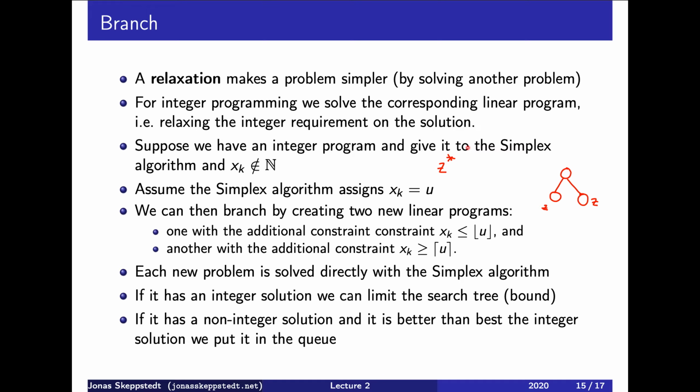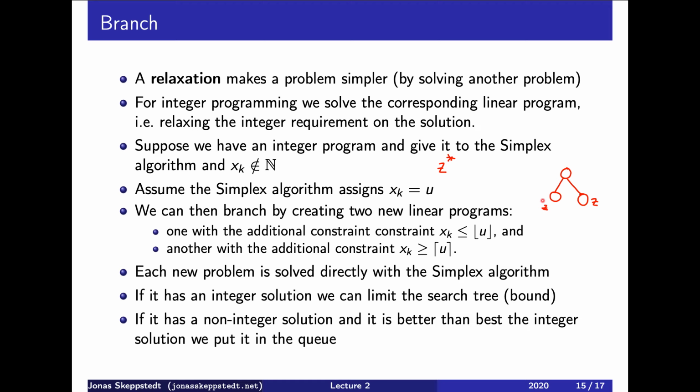Okay, so what should we do to limit this search tree? When we create this node and solve it with simplex, if this Z is less than the best integer Z, then there is no point in continuing searching this branch, since it clearly cannot be better than that one.